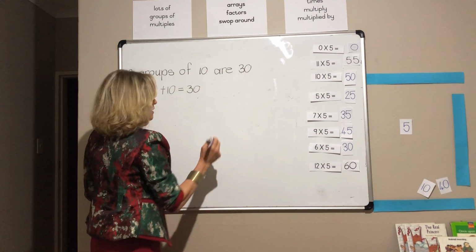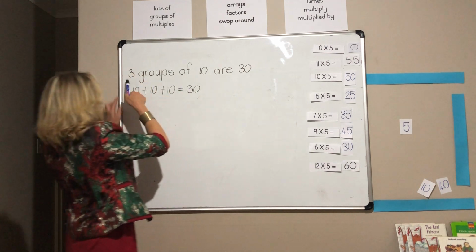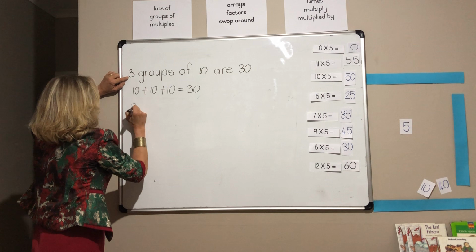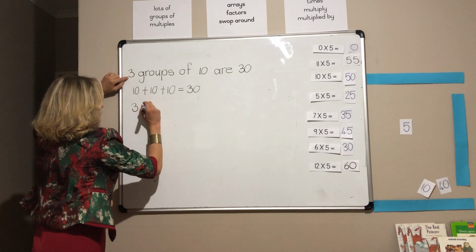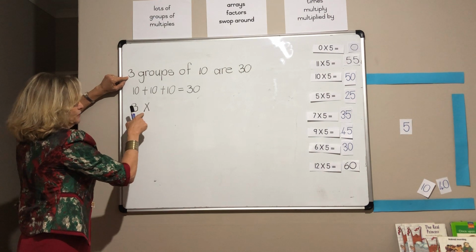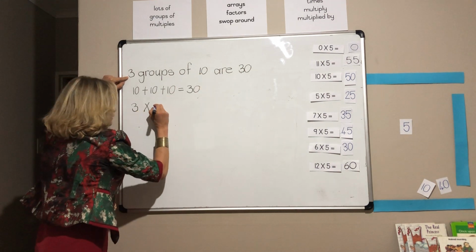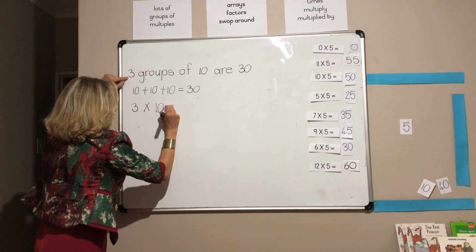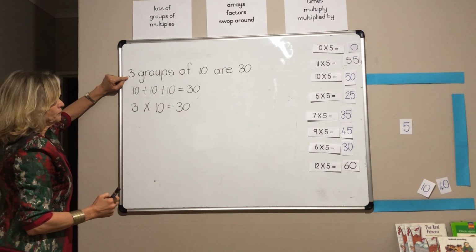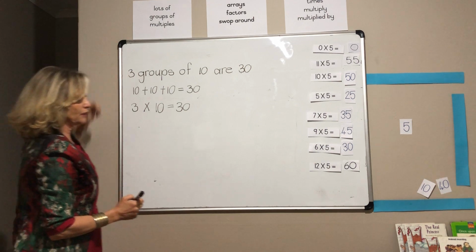And that is the same as saying 3, instead of groups of, I take the 3, the groups of becomes times. This means times. 10 equals 30. Okay, so let's do another one.